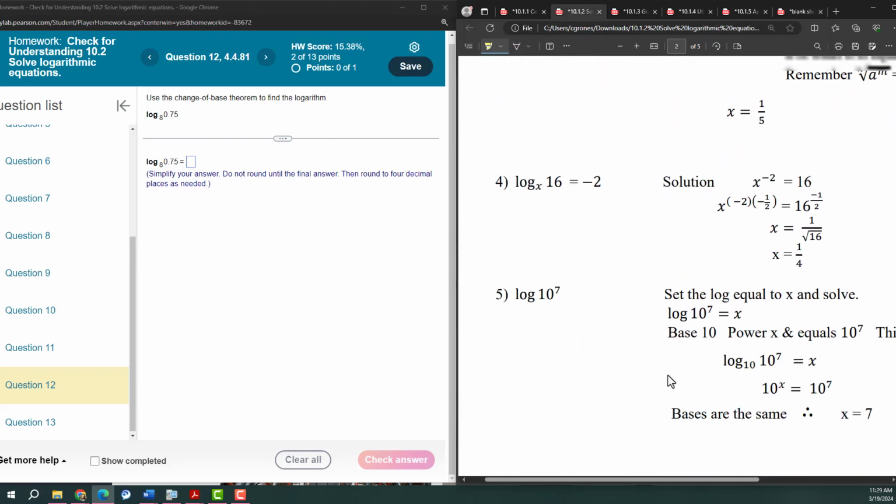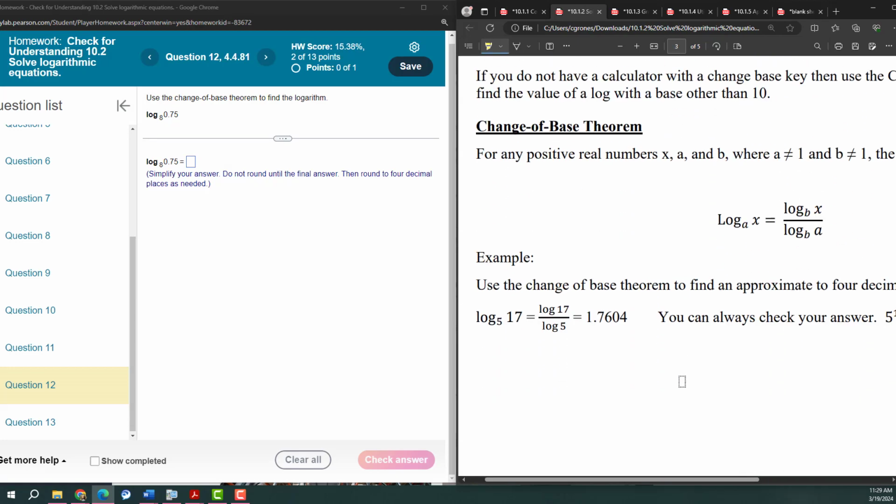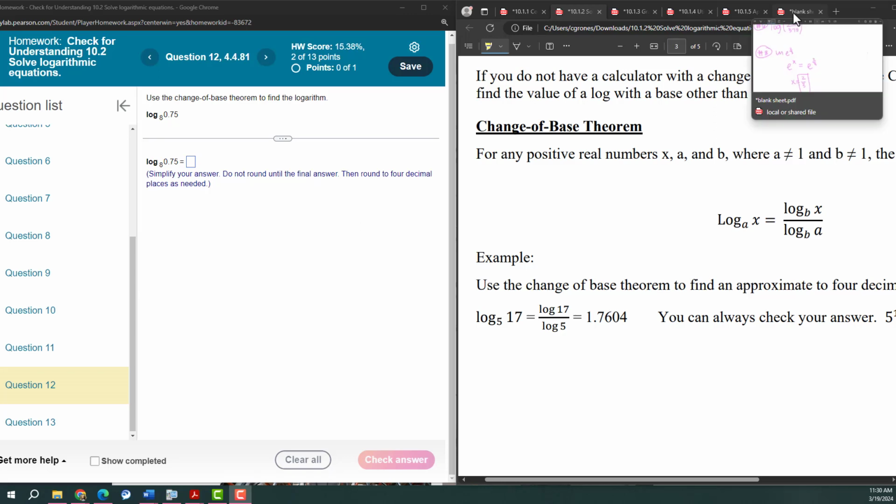So the change of base theorem, let me scroll back up. Is it up here or is it down here? Okay, so log with the base of a of x equals log with the base of 10 of x divided by log with the base of 10 of a.